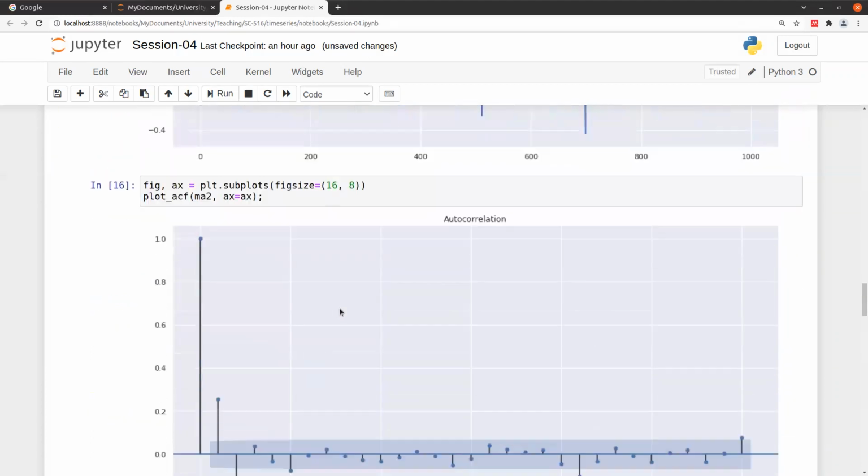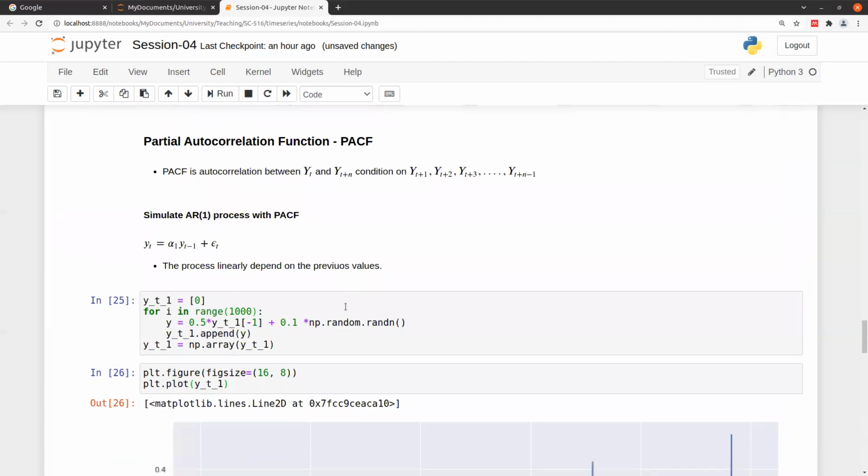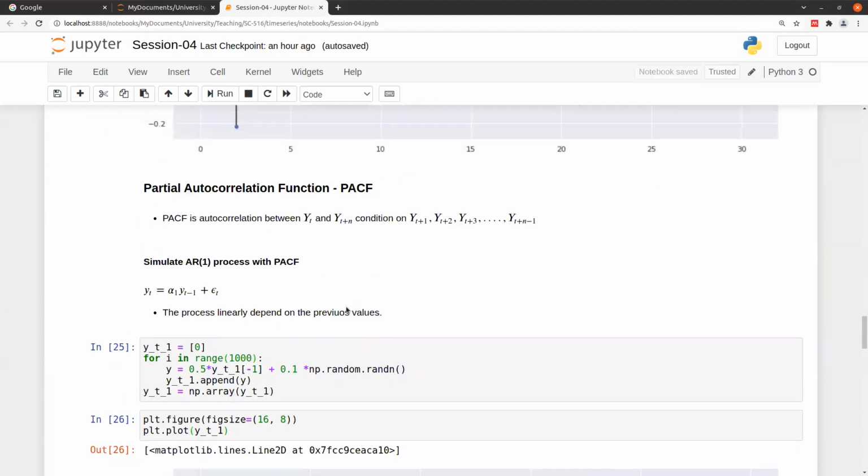Then we move to PACF plots. Then we discuss what this PACF plot is, what the conditions are, and what the behind-the-scenes things are, like for example that yt and yt plus 1, the correlation between them, is a conditional autocorrelation in between values as well. Then we simulate an AR1 process with the PACF to identify whether the PACF graph clearly reflects whether it's an AR1 process or not.